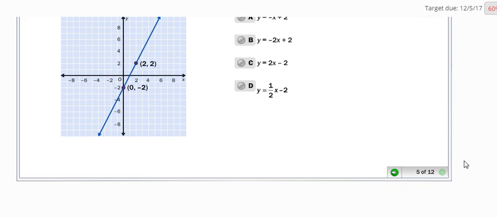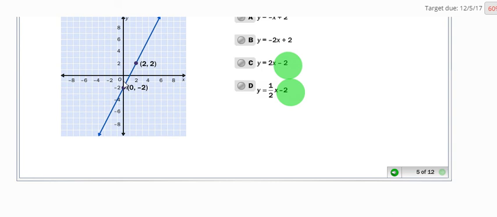Alright, we then have these graph questions. For the graph questions, you always start with the y-intercept, the number where it starts on the y-axis. So in this case it is -2. That is going to appear right here on the right-hand side of the equation. So you see we have two options here. Now we need to look at the slope. And the slope is always up or down and then left or right.